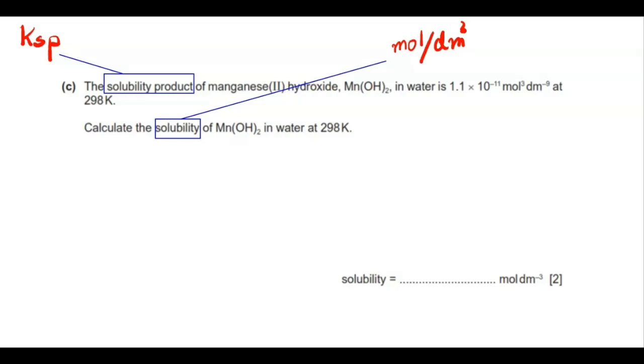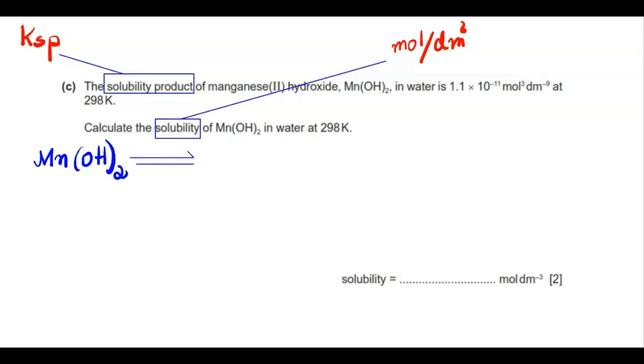Now coming back to the question, I always recommend students to please write the equation and write the expression first. It will always help you to solve your question smoothly.